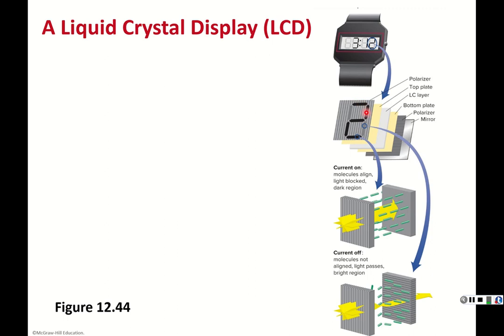So, like a letter or a number showing up. Okay, and then if the current goes off, the molecules don't line up, so the light can pass through. Okay. So that's how you can make a display out of this. And this is a watch, so that's obviously a very simplistic display.